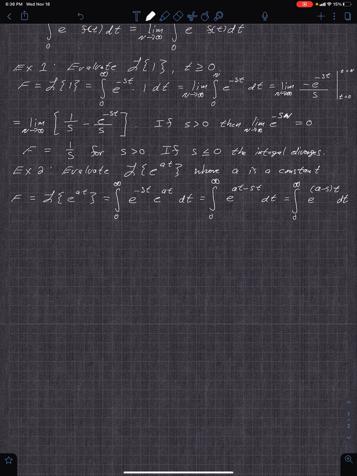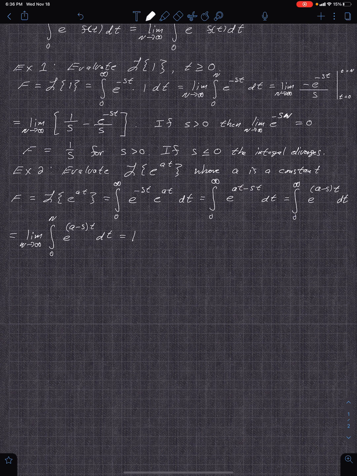Okay, so this continues. Take the limit. That's equal to the limit as n approaches infinity of the integral from 0 to n of e to the a minus s t dt, which is equal to, and so now when you take the antiderivative, you get 1 over a minus s.